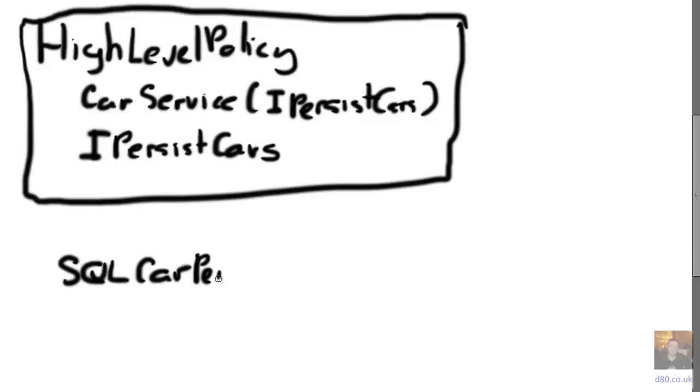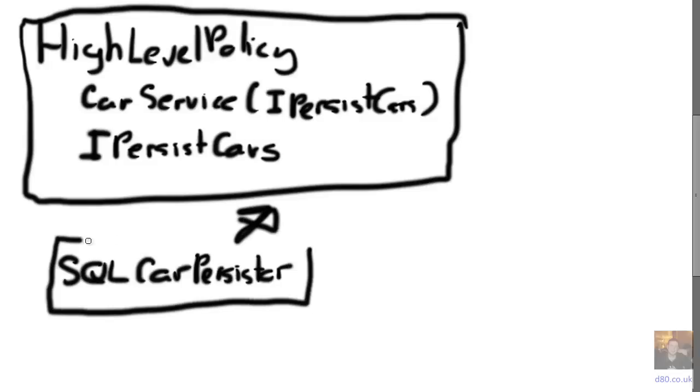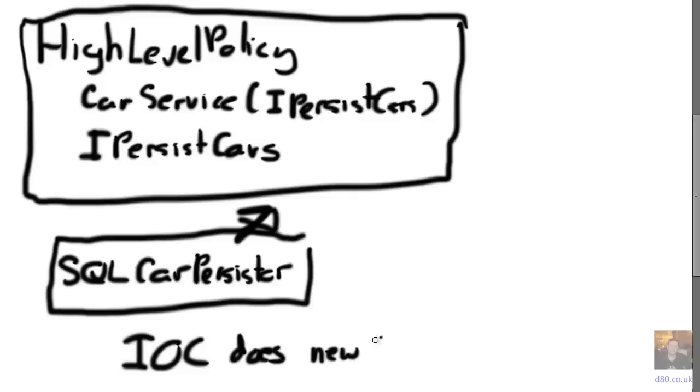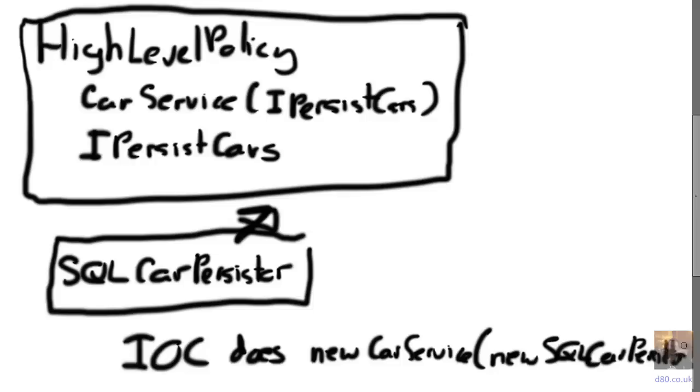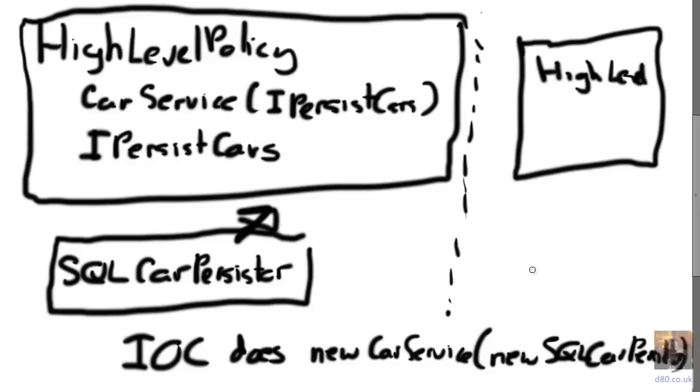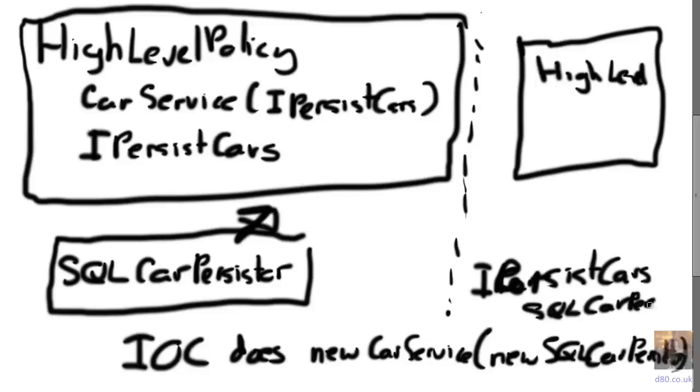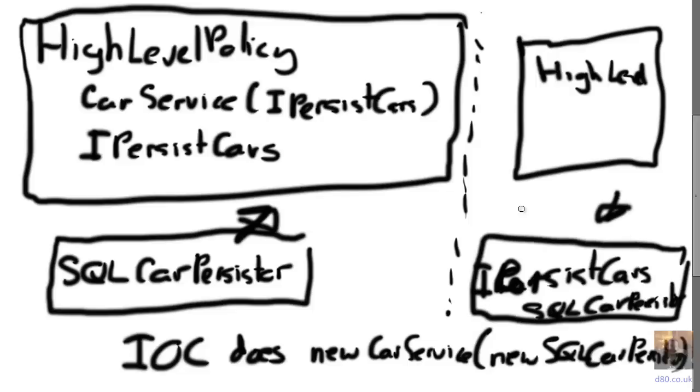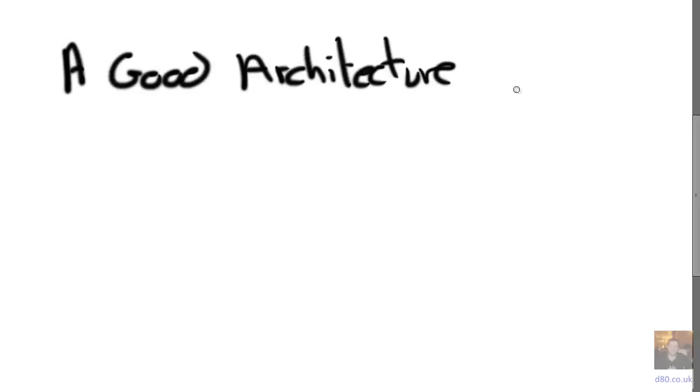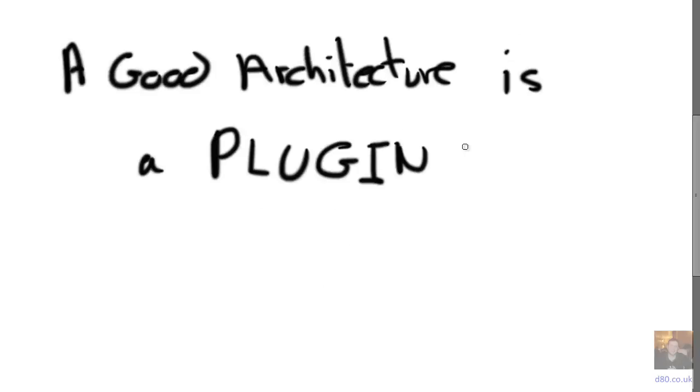So what we should do to invert the dependencies is we need the SQLCarPersister to depend on the abstraction that lives in the same DLL as the high-level policy CarService. So that's what we've got on the left, whereas in the original one the high-level policy still had a dependency on the ICarPersister because it lived in the data access tier. And so that's the difference.